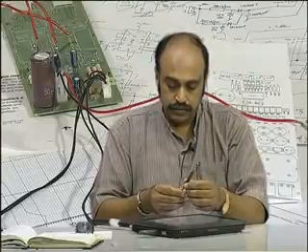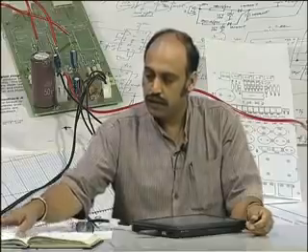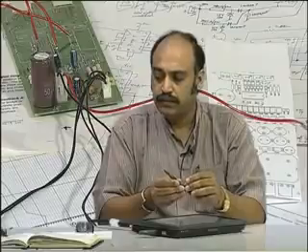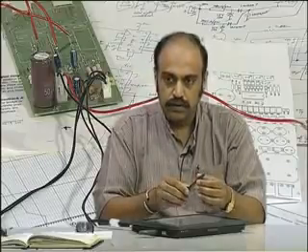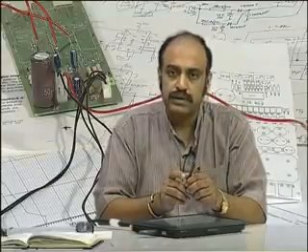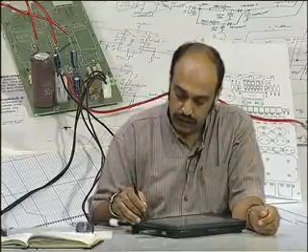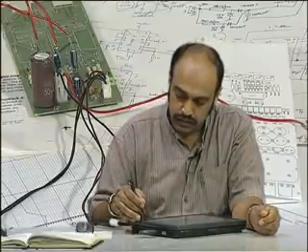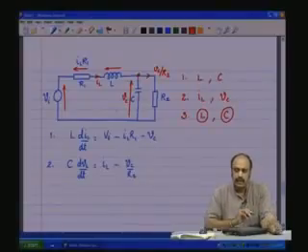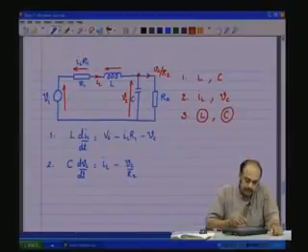Now, at this point, I would like to state that we have two important laws, which is the Kirchhoff's voltage law, which we have been applying for all the loops here, and the second is the Kirchhoff's current law, which is being applied for all the nodes.